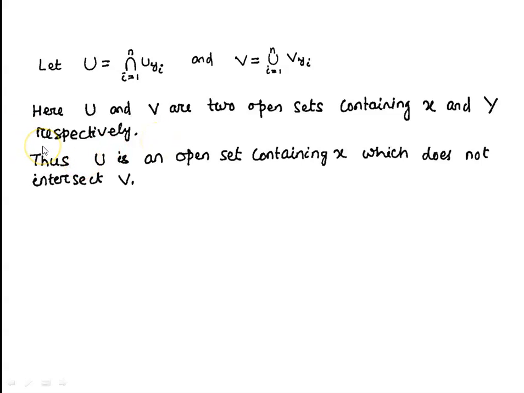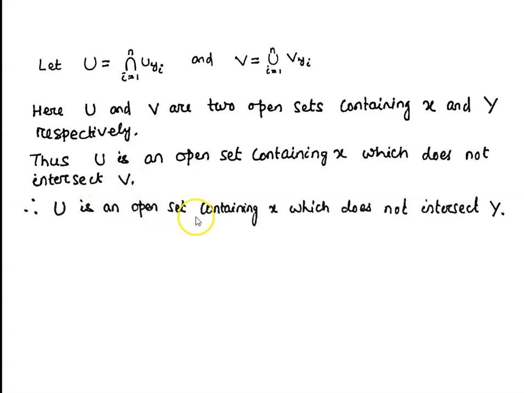Thus U is an open set containing x which doesn't intersect V, because U and V are disjoint. Whereas this V contains y.